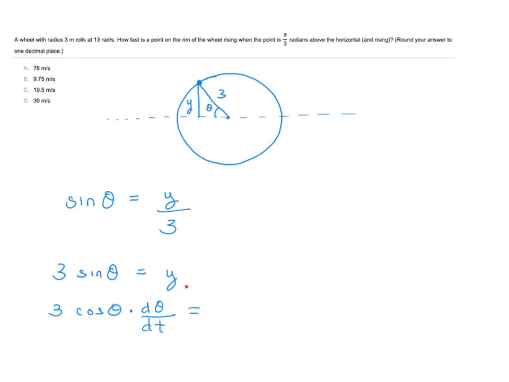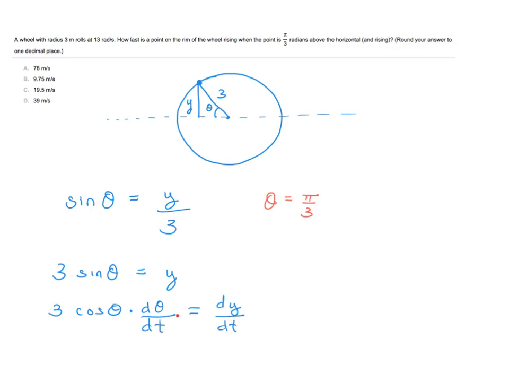On the other side of my equation, I differentiate y with respect to t, and that is dy/dt. So the question is asking: how fast is y changing when theta is equal to pi over 3? We have almost everything that we need. I can take this equation and put pi over 3 in place of theta in the cosine.